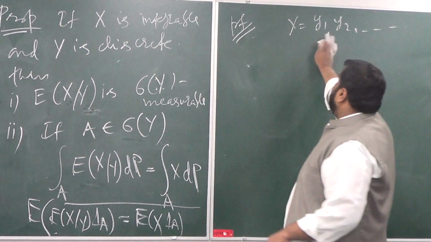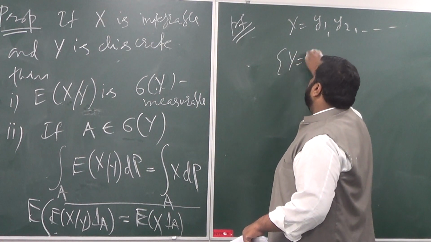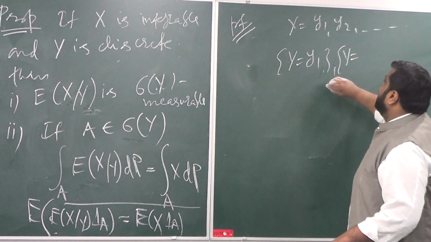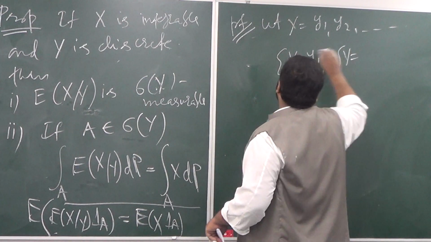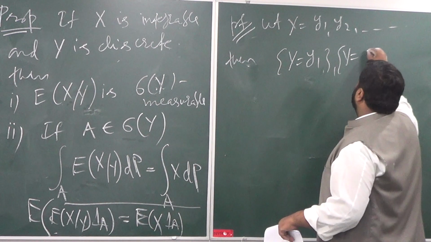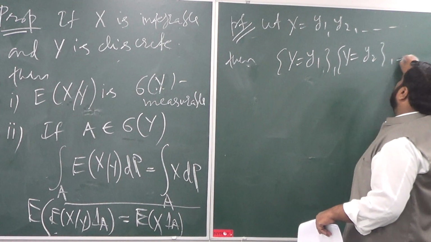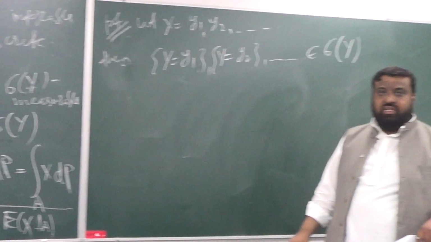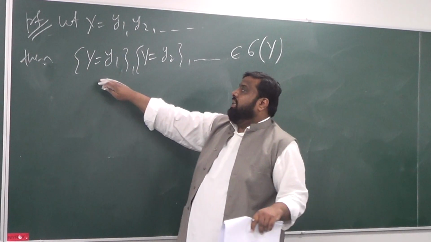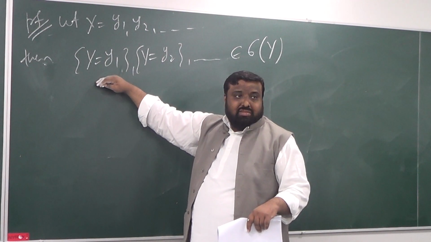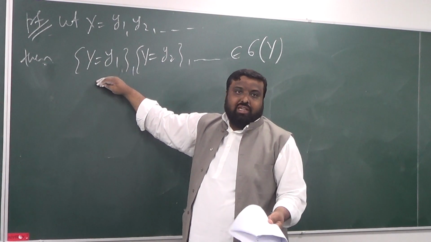So if this is the case, what can we say about y equal to y1, y equal to y2, and so on and so forth? They all must belong to sigma of y, because each is the inverse image of a singleton Borel set, and a singleton is also a Borel set.